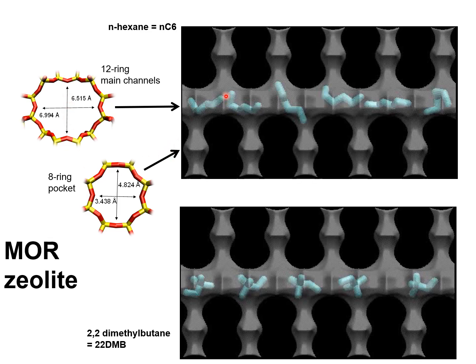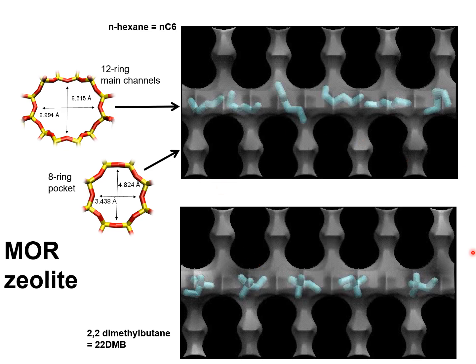The 1D channels are connected to side pockets that have dimensions 4.8 and 3.4. The side pockets are unable to locate the hexane isomers. The hexane isomers are normally to be found along the straight 1D channels.